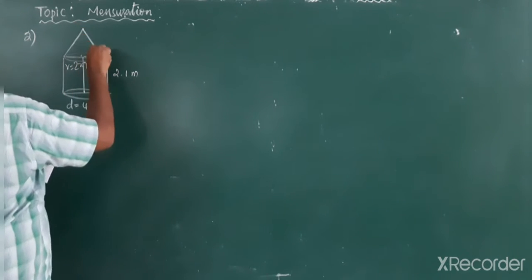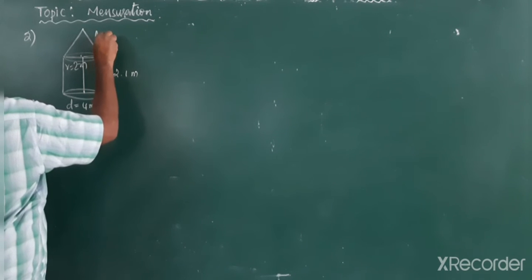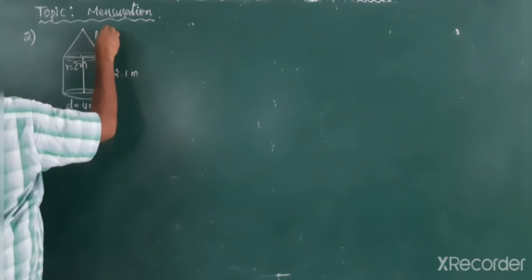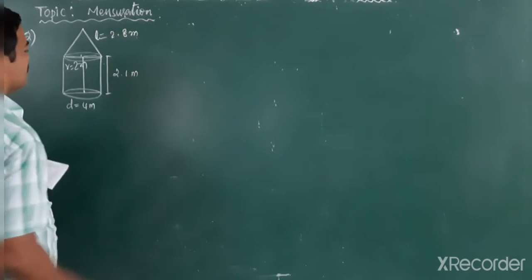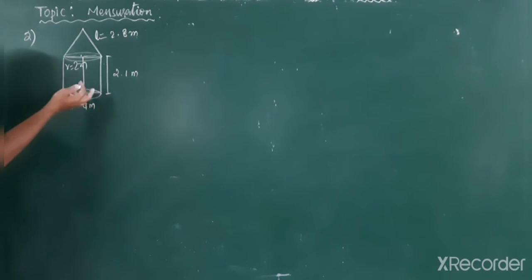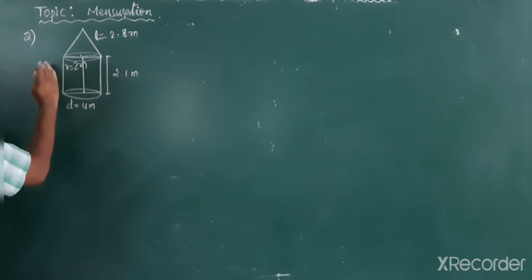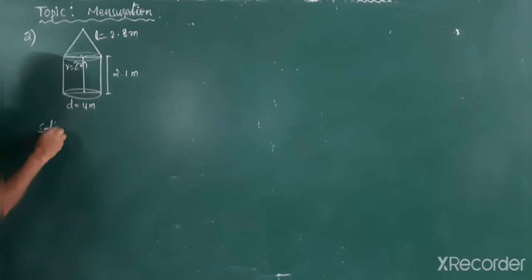Slant height is given. Slant height L is 2.8 meters. So we have to first find the surface area of the solid. Except the base, the surface area of the solid is the curved surface area of the cylinder and the curved surface area of the cone.